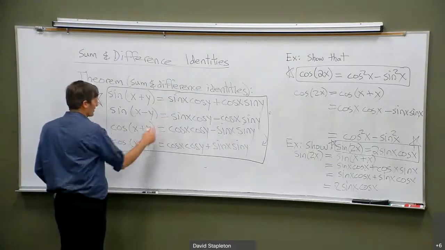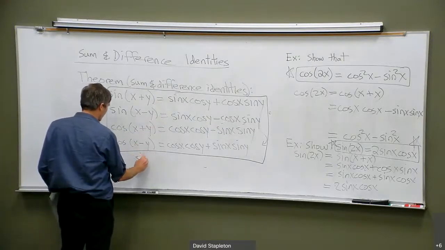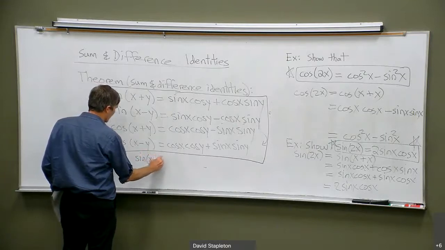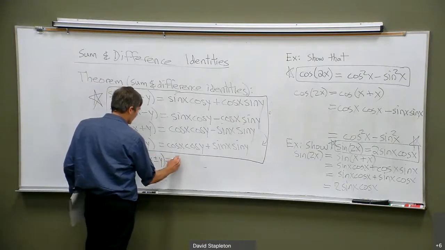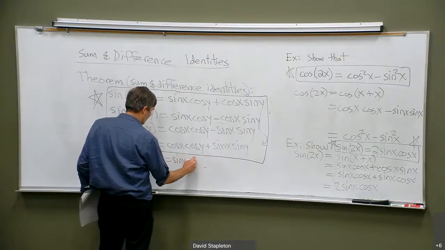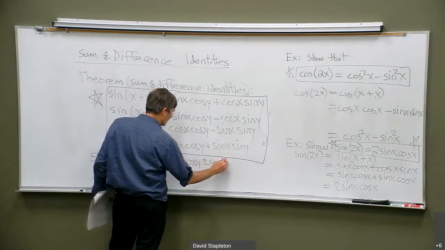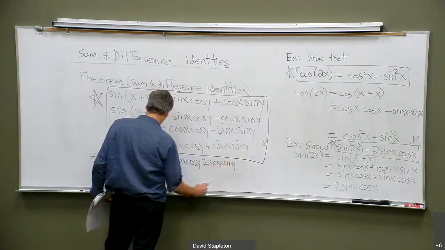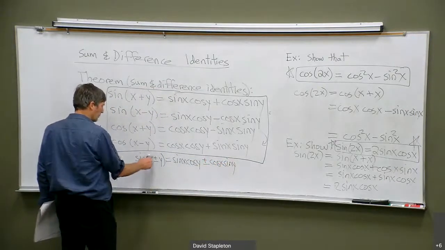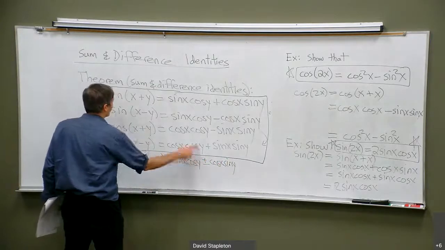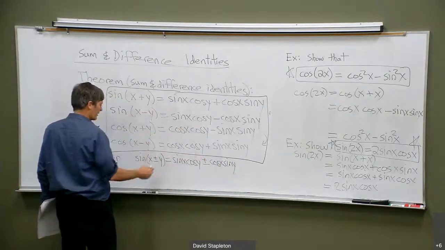In addition to saying it's the even odd property, say sine of x plus or minus y is sine cosine plus or minus cosine sine. So I like to write it this way sometimes. Right, and the plus goes with the plus and the minus with the minus, right? And then you got both identities in one.